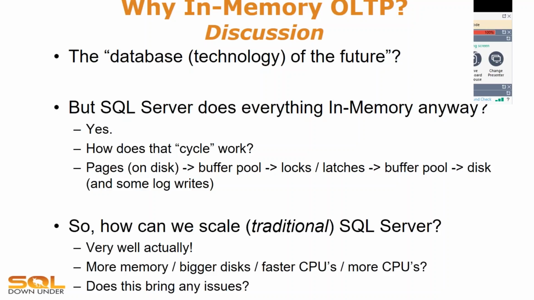One of the questions that comes up for me is how does this traditional SQL Server model scale well? And obviously SQL Server scales very well. I've never personally hit any problems with scaling at all. But if we think about this, as we get more users, we get more requests to our SQL Server, we get more locks, more latches, more contention.